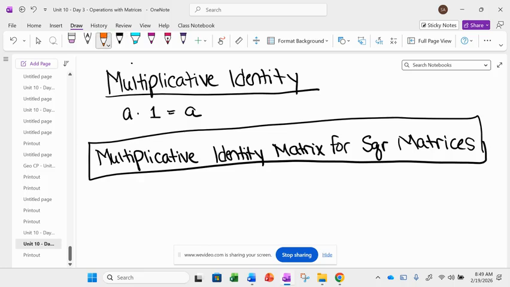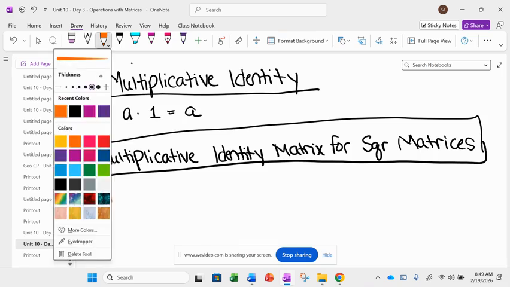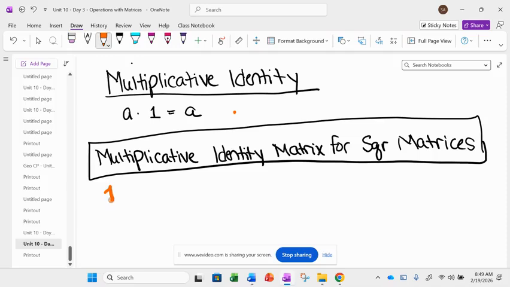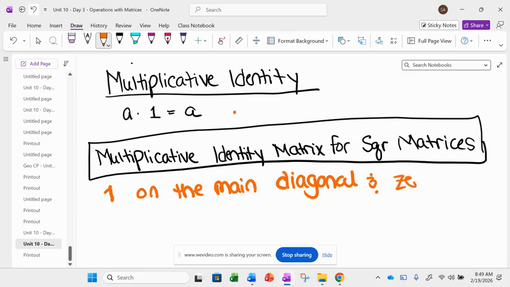So for any square matrix, the multiplicative identity for that is going to be ones on the main diagonal and 0 for all other elements.